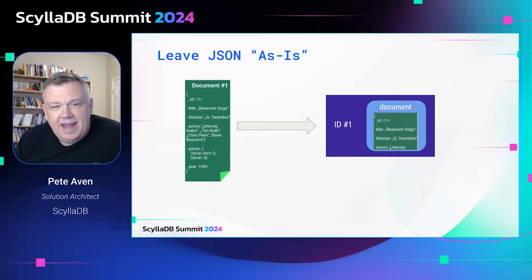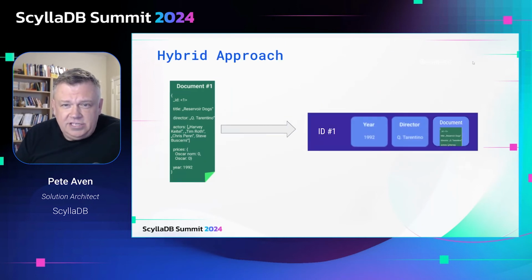You can leave the JSON as is. Now, it doesn't look as drastic as this. Essentially what we see a lot of is you extract out of the document a couple of the key attributes for your partition key, your clustering keys, for the types of queries you want to answer, so you can retrieve those pieces of information really, really quickly and leave the rest as a document, essentially serialized as JSON in a particular column. Usually there's a hybrid approach to this, right?